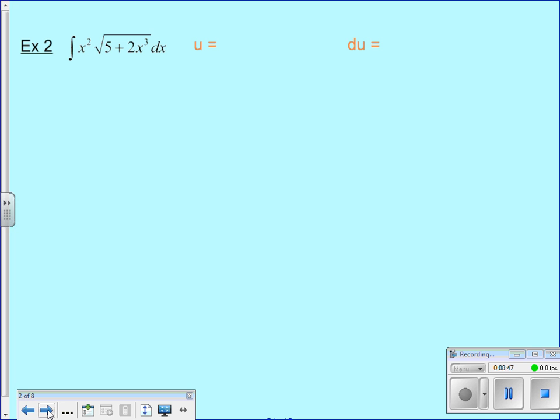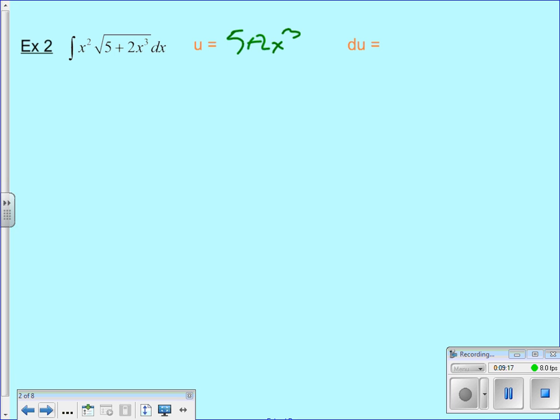Okay. In this case, what do you think my u should be? What's underneath the radical? Not the radical itself, but what's underneath the radical. Okay. Let u equal 5 plus 2x cubed. Take the derivative of u.